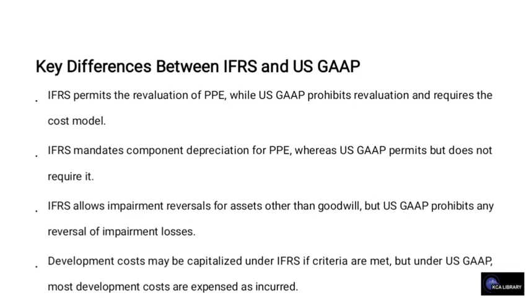IFRS allows impairment reversal for assets other than goodwill, but US GAAP prohibits any reversal of impairment loss. Development costs may be capitalized under IFRS if criteria are met, but under US GAAP, most development costs are expensed as incurred.